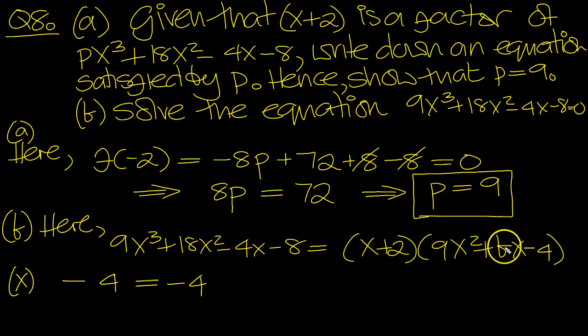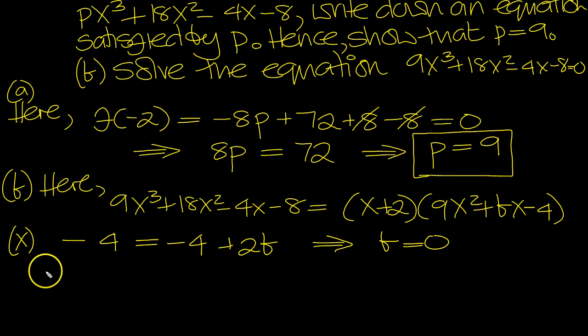And then it's plus 2b lots of x. That's the other x term. Oh, and we can see that b must be 0. B is 0.